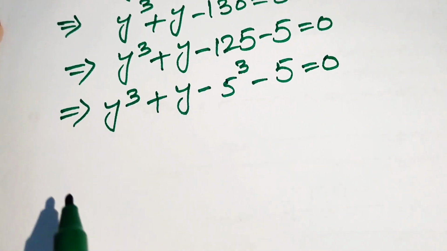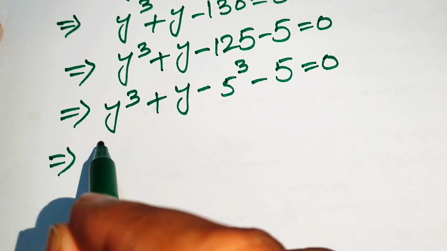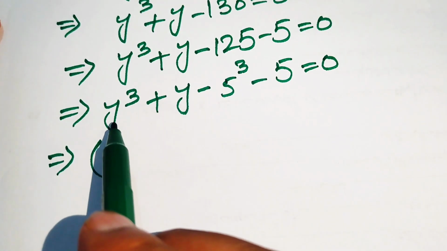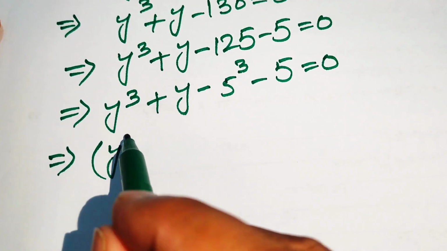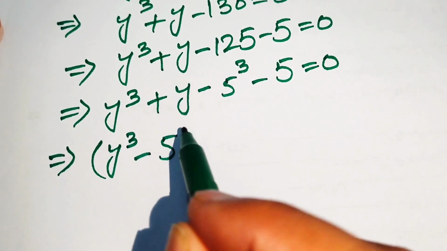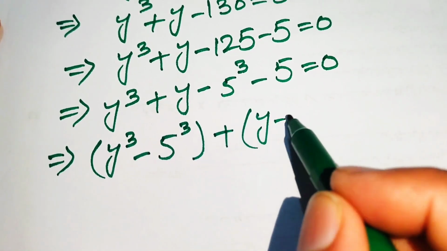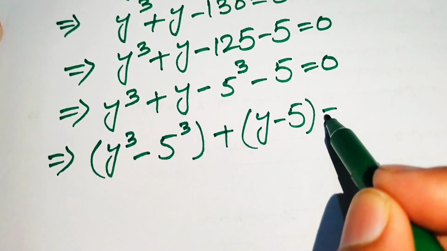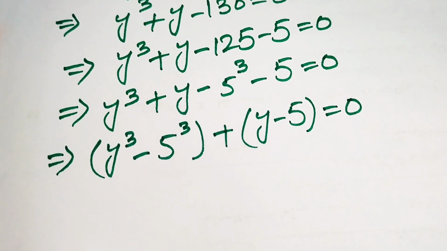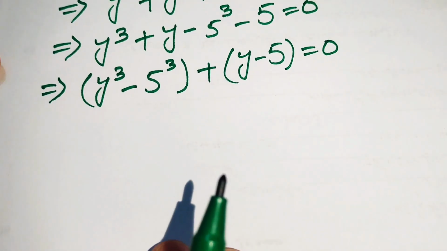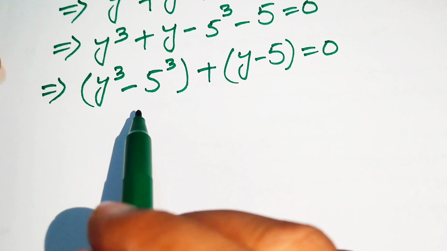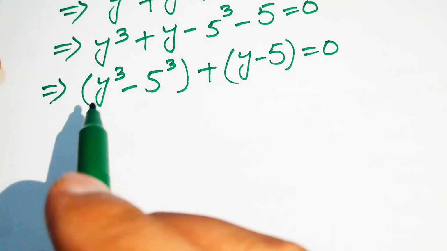Here we make the pair of cubic terms and the other terms. We have the cubic terms y cubed and 5 cubed, so it will be written as y cubed minus 5 cubed, plus the other terms, y minus 5, equals 0. Now we focus on this cubic expression, and we use the nice cubic formula.